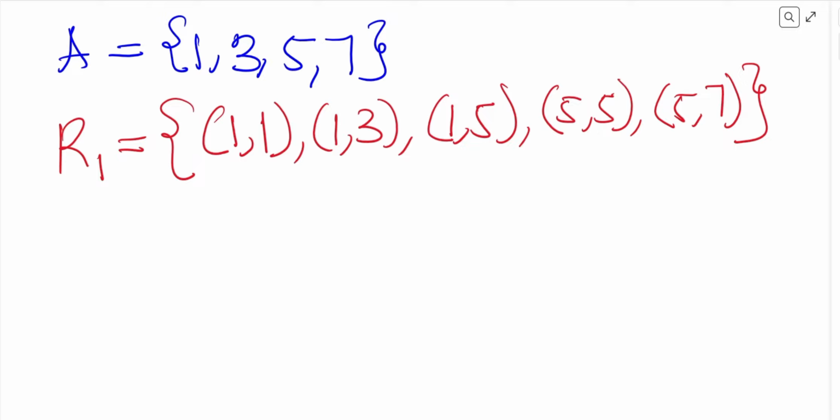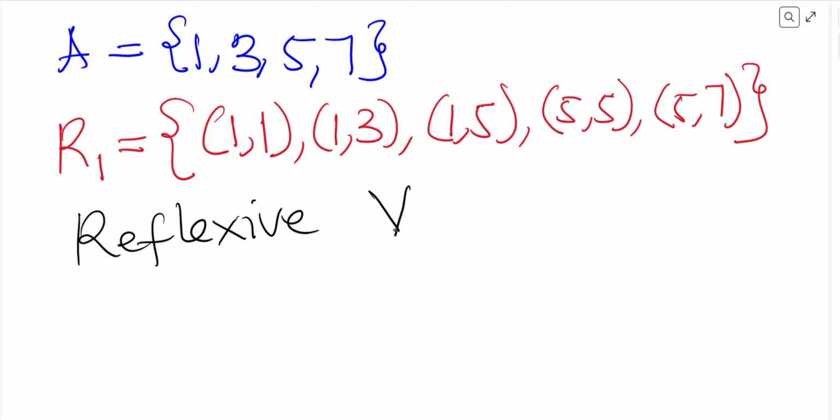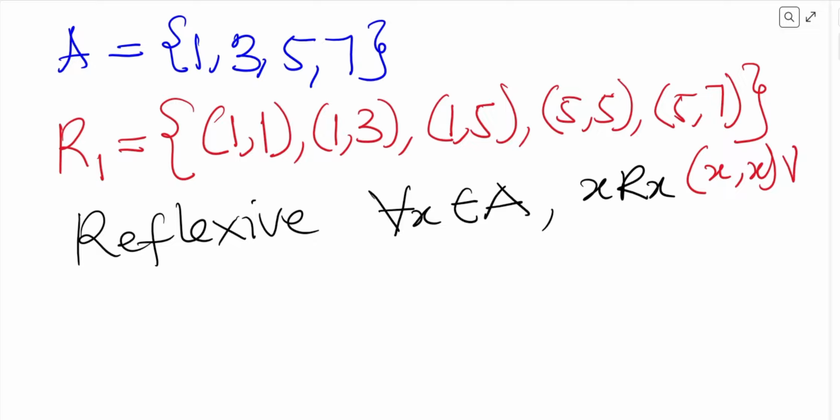We just said that a relation is said to be reflexive if and only if for every element X in the set A, it means that X is related to X. In a nutshell, we have the ordered pair x, x for all x in A.